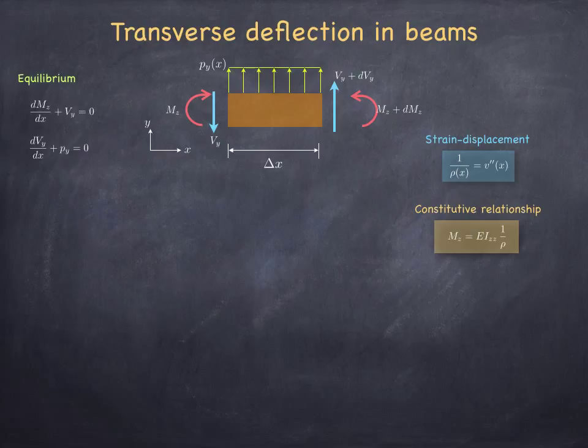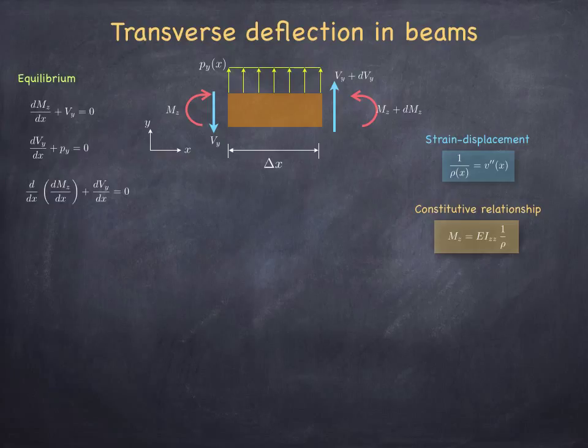To do that, I will differentiate the equation at the top for the moment equilibrium once with respect to x. So on the left hand side, I'm going to get the derivative of moment plus the derivative of the shear force. And on the right hand side, I'm going to differentiate 0, which is a constant with respect to x, which will remain a 0.